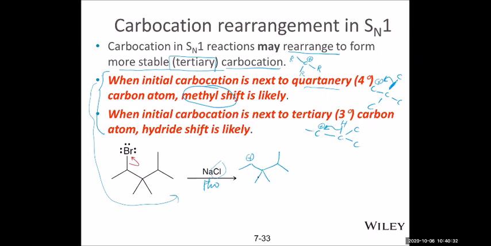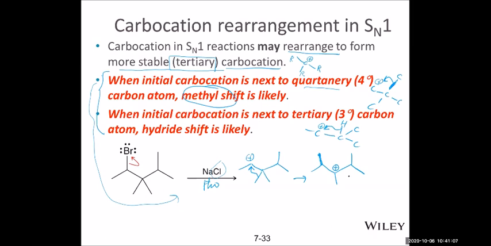So the methyl group shifts to this carbocation, forming a bond with the carbocation with a pair of bonding electrons. And after this, the methyl group is now here. This is a new methyl group, and this carbon lost the methyl group with a pair of electrons, so the carbocation formed here.